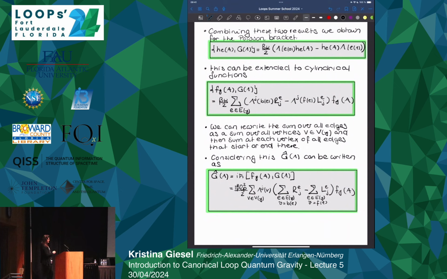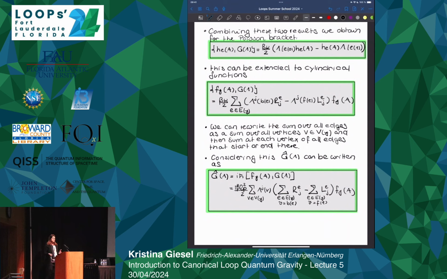We are ending up with this expression where lambda is evaluated at t equal to 0, the beginning of the integral, and the second lambda is evaluated at t equal to 1, which was the upper limit. Which means now we know how the Gauss constraint acts on one holonomy along one edge.